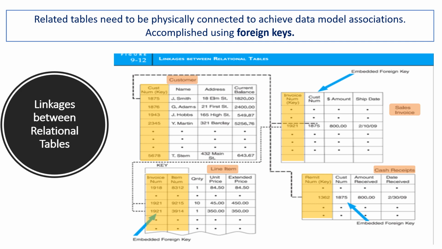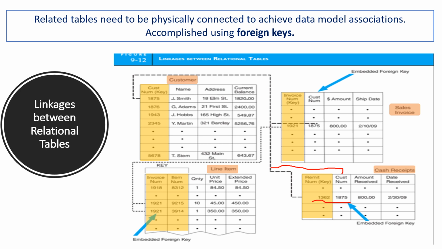and the remit number is the primary key for cash receipt. And you see here the customer number is the primary key, but here it is the foreign key. It is the foreign key in this table, so it is the connection between the two tables. And the same thing goes for the sales invoice table.